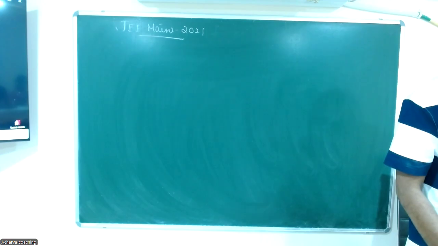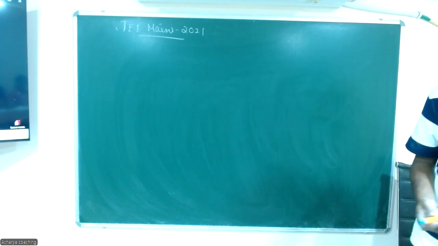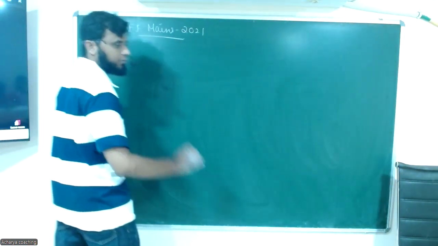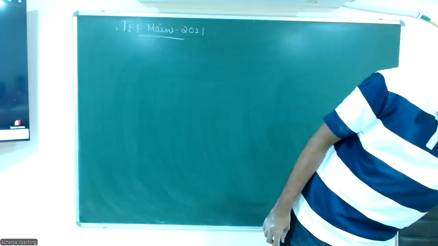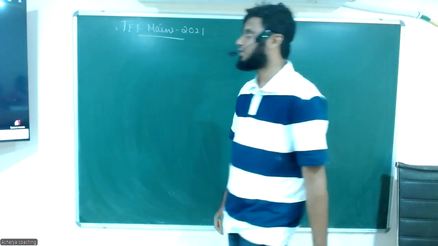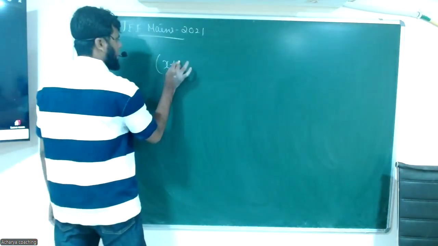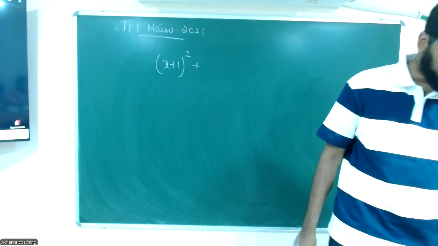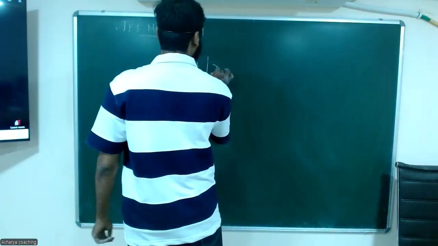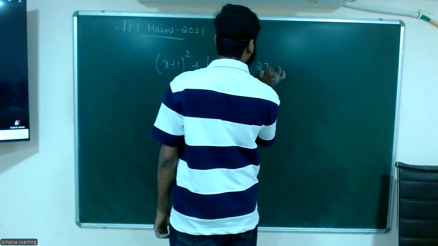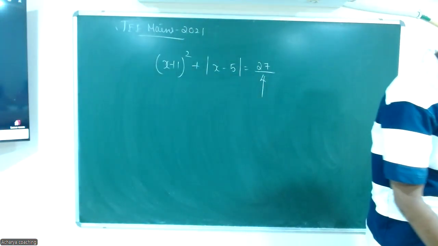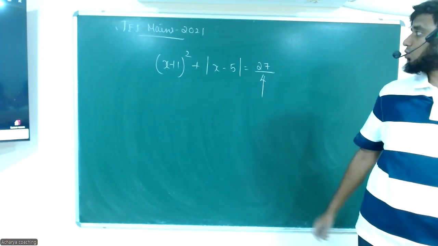JEE Mains 2021. Find the number of real roots of the equation. This question is homework. Same JEE Mains 2021. Find the number of real solutions, real roots, of the equation x plus 1 the whole square plus modulus of x minus 5 equal to 27 by 4. So find the number of real roots of the equation.